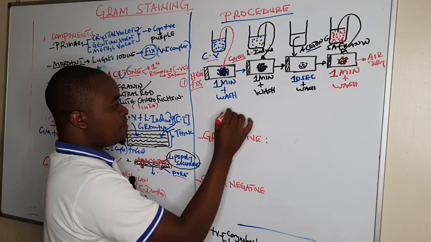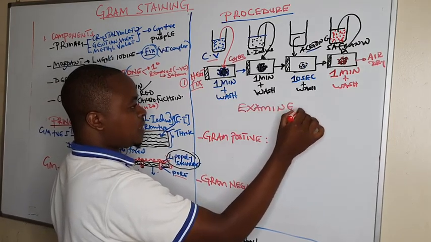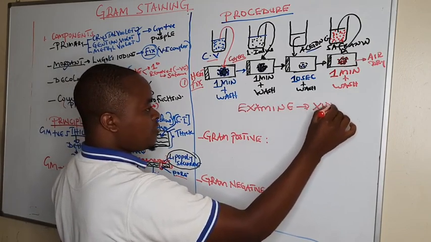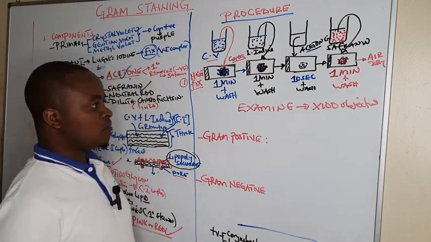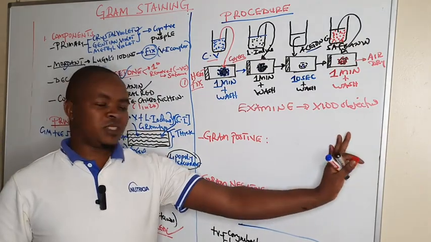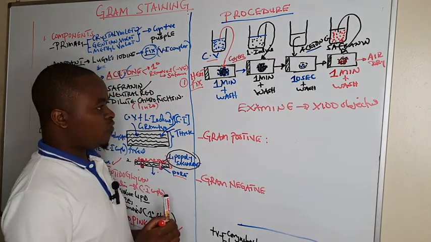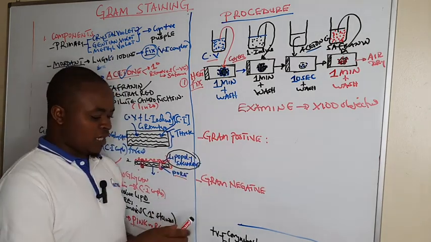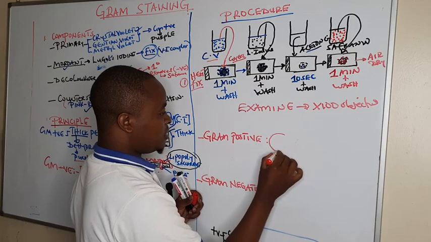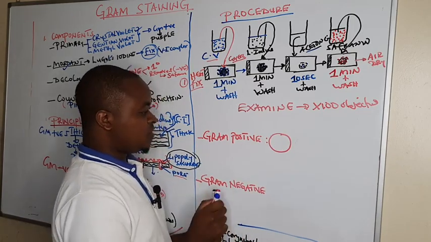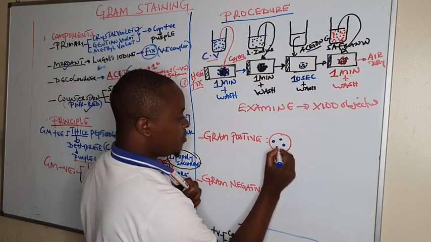When you examine microscopically the smear after air drying, we examine using the times 100 objective lens. For gram-positive organisms, they are going to appear as purple.